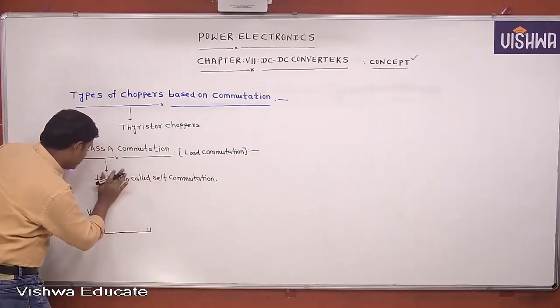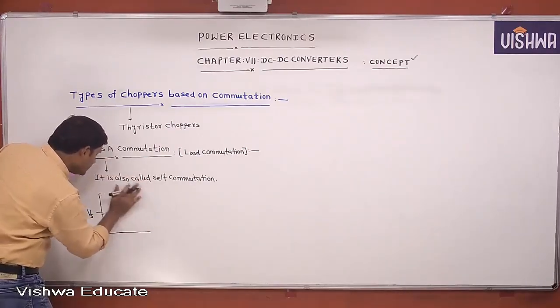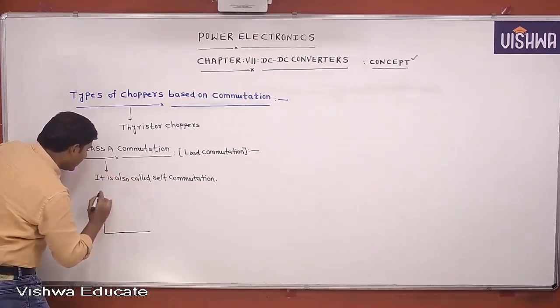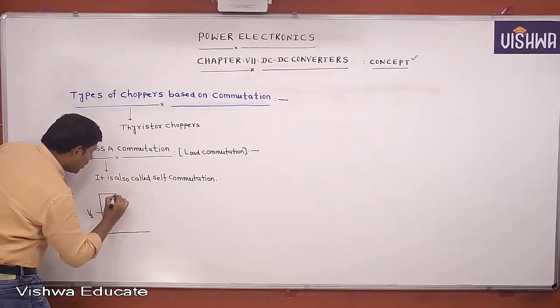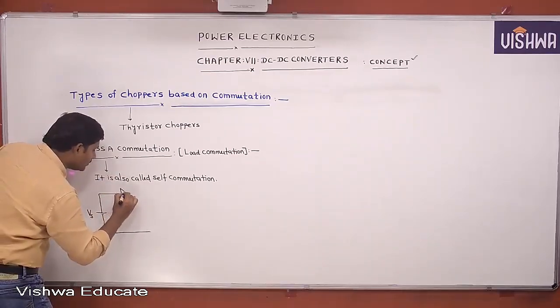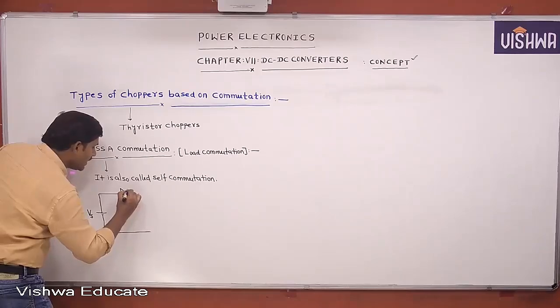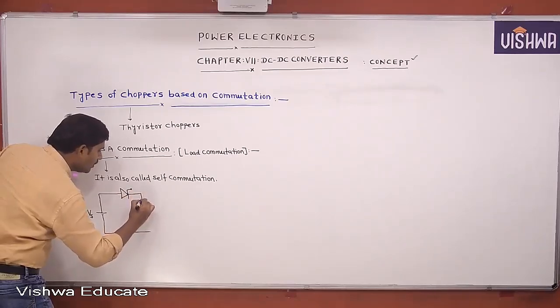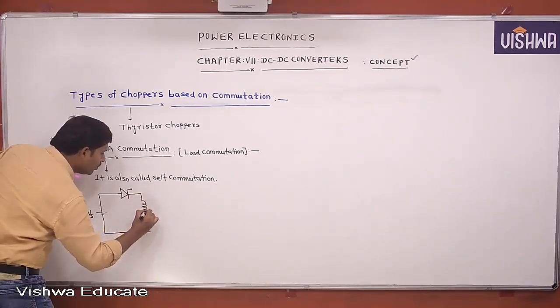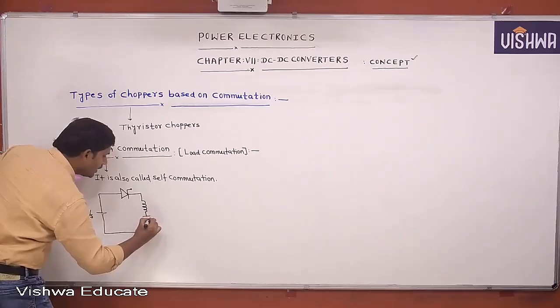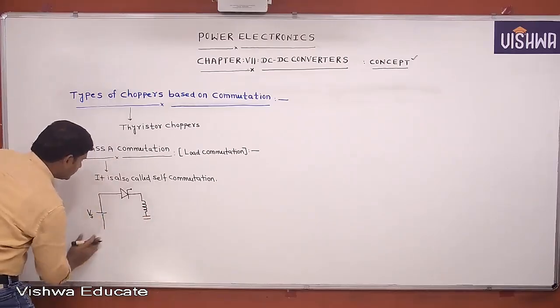That's the reason why we are implementing class A commutation, or load commutation. This is the thyristor. Along with the load, we also connect commutating elements.